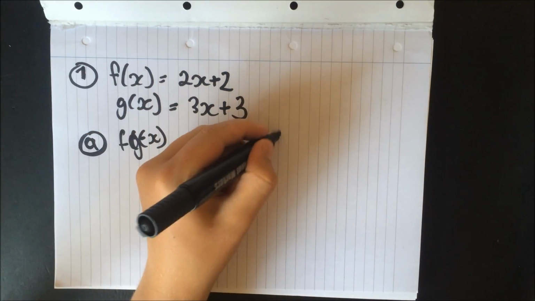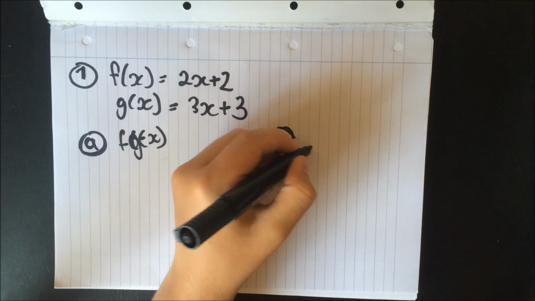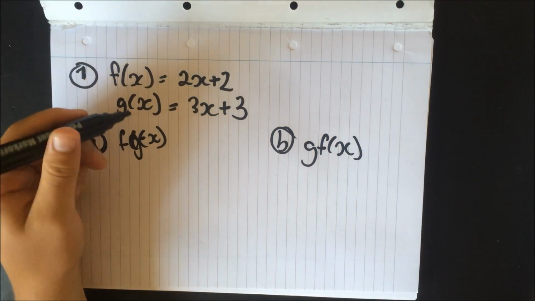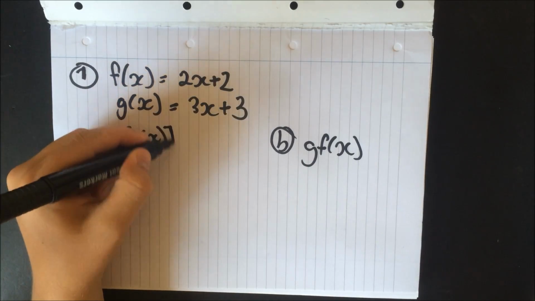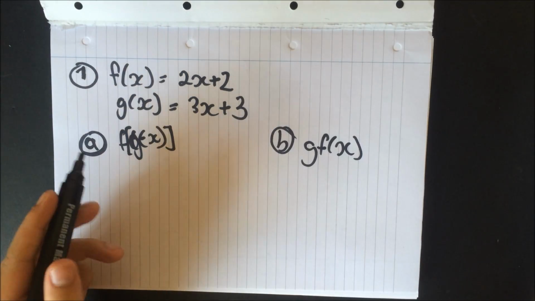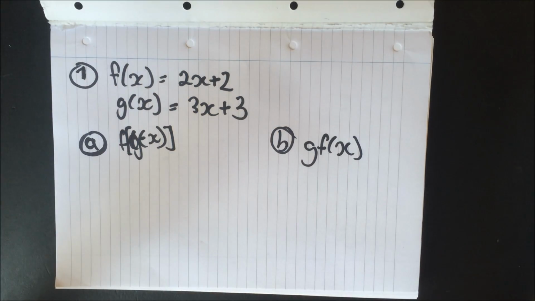So B over here is g of f of x. As you can see, I would have previously done it in square brackets, but we can also write it just like that. So I'll let you work those out.